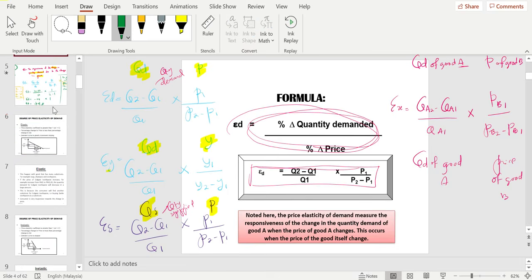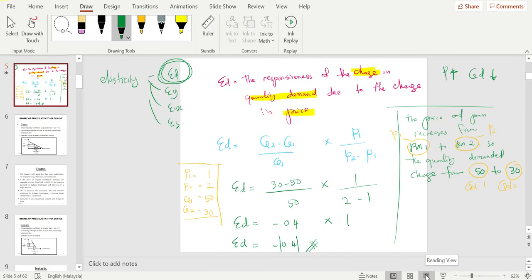The final answer for this is not negative 0.4. It will be ED equals 0.4. This is for ED only. But for the others, EY, EX, ES, if the value is negative, leave it there. Okay?